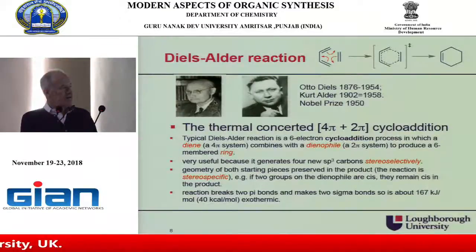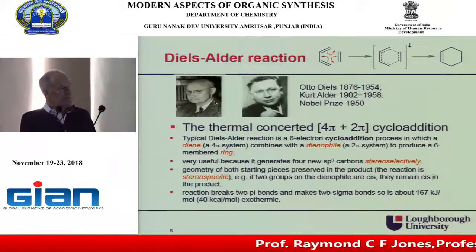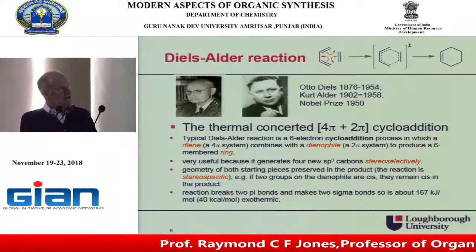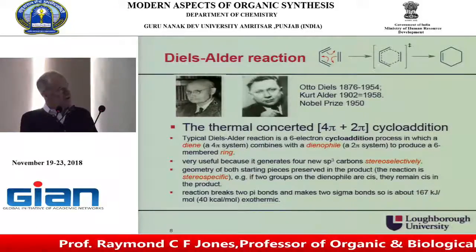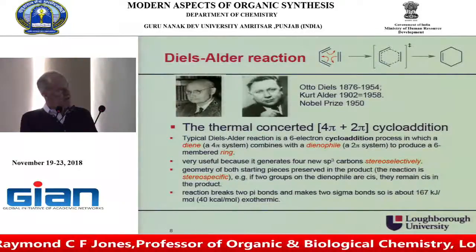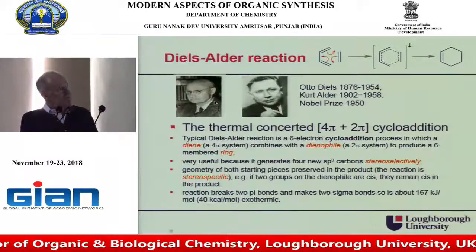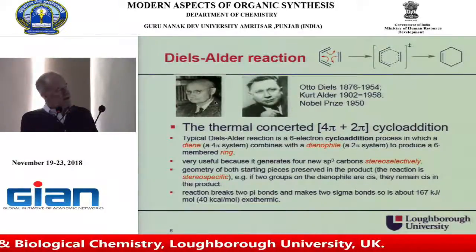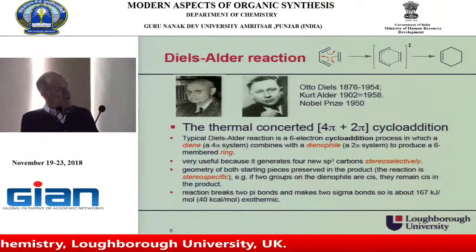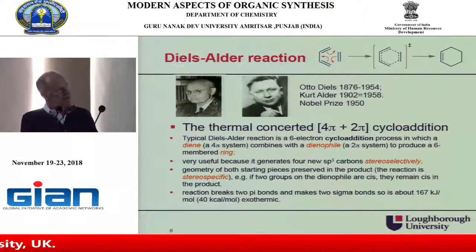It's concerted, so it falls into the pericyclic group. It's a cycloaddition, so it's forming 2 new sigma bonds there and there. It has a cyclic array of pi electrons, reorganization of electrons in the transition state, so that's why I'm drawing it here.